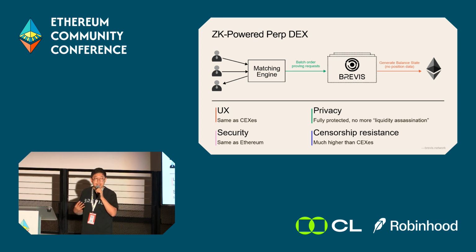And instead of putting everything on chain, the proving engine will just selectively put users' balance states, and the actual position and open interest is actually hidden using Brevis as a privacy-focused feature as well.